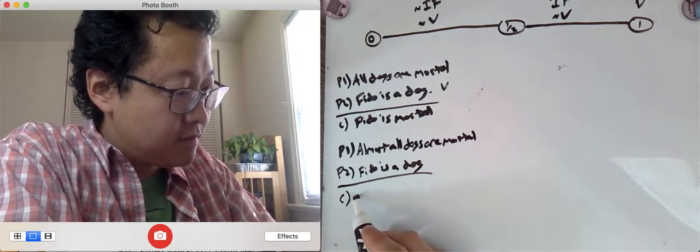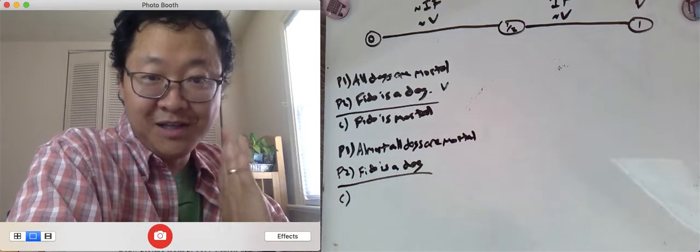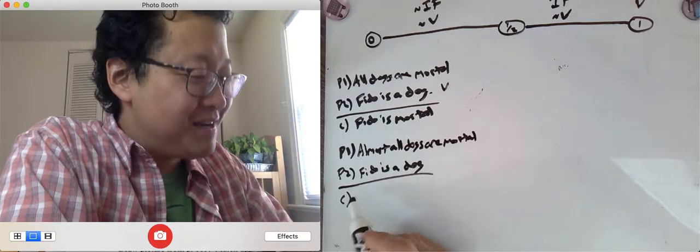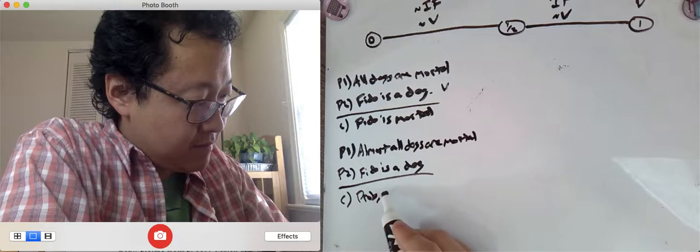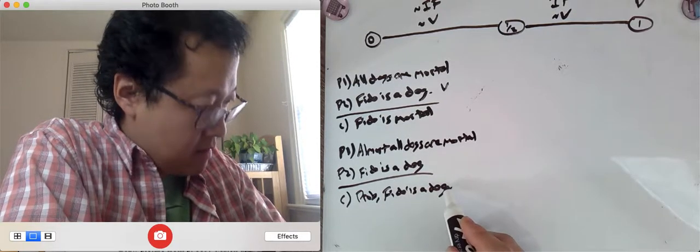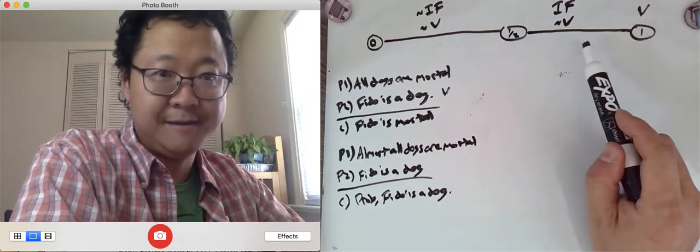Conclude. What follows? Does it follow necessarily that Fido is mortal? He might not be, but probably Fido is mortal. So here's an argument that's inductively forceful, not valid.